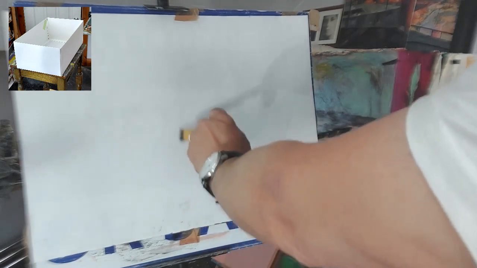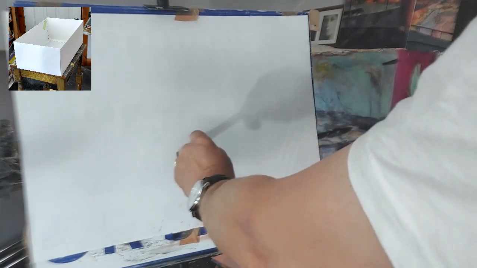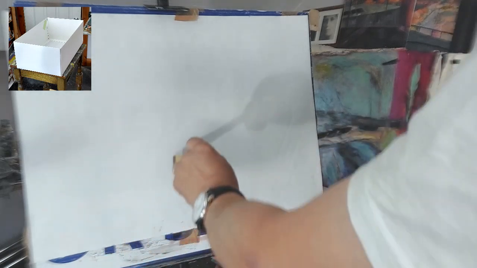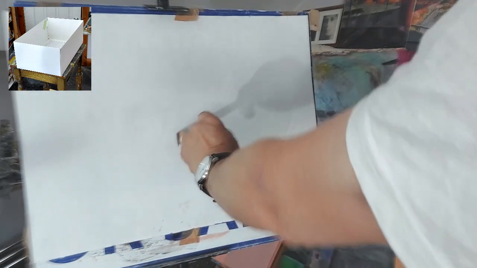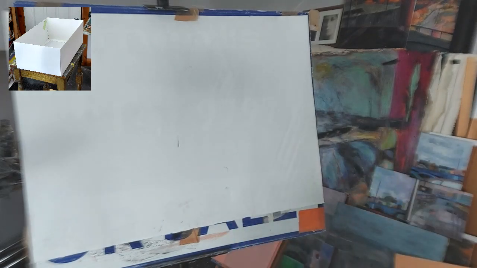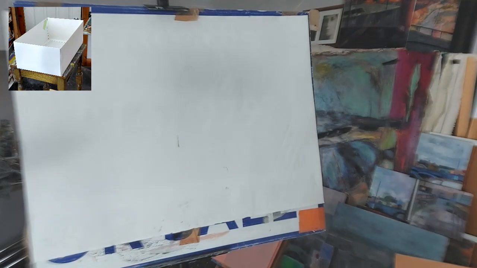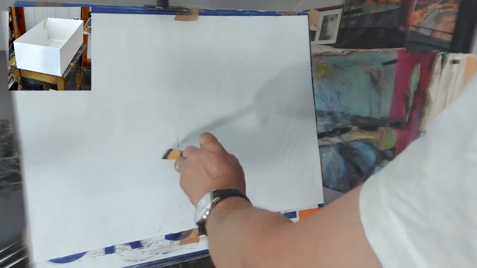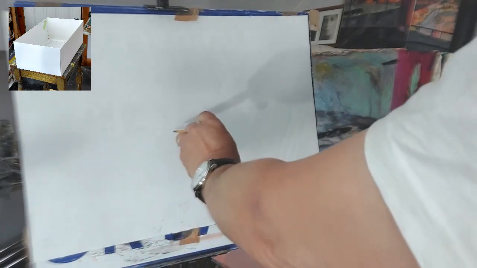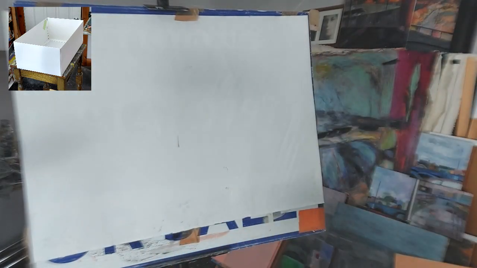So what I'm going to do is start by looking at the front corner here. So the thing about the flat brush is if I lean forward and just do that, it makes a nice, fairly straight line right away because of the nature of the brush. So that means that, if I'm thinking in those terms, I can then get the angles of the proportion of the perspective using the same method.